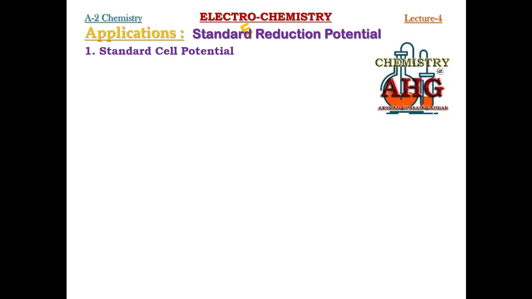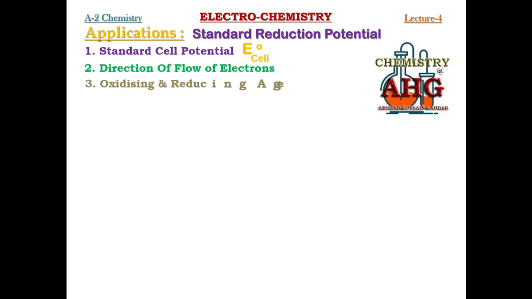Standard cell potential is denoted by E naught cell. Second application, with the help of standard reduction potential, you become able to predict the direction of flow of electrons in a cell. Third, we can decide about oxidizing and reducing agents using standard reduction potential.